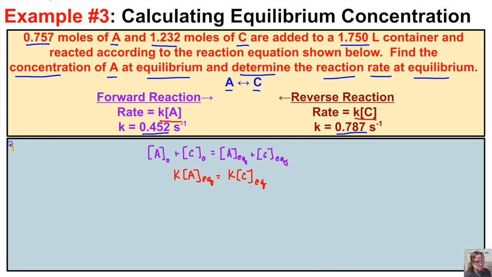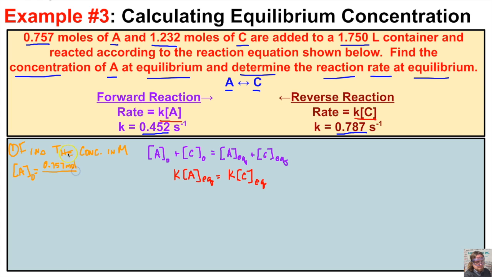So the first thing that we should do is probably find the concentrations of our reactant here and our product here. And so to get the initial concentration of A, since we're going to find this in molarity, and molarity equals moles per liter, we need the number of moles of A, which is 0.757.